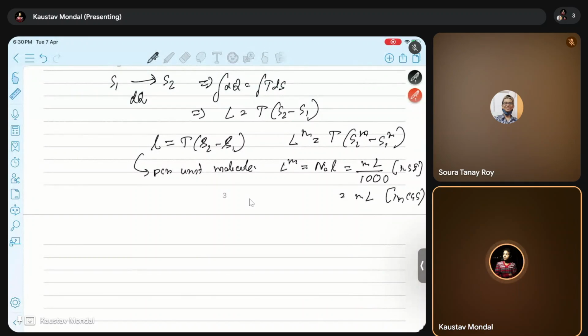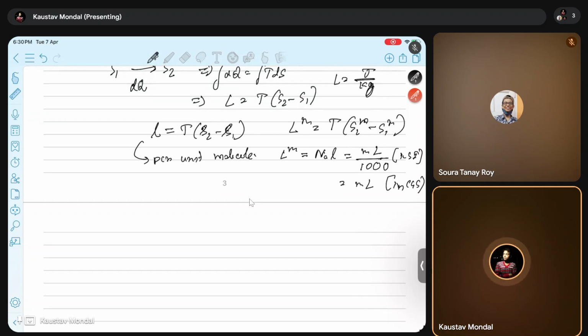Sorry, it would be 1000, since latent heat is in joule per kg. These are the standard units of the normal latent heat. So if you convert it into moles, you have to convert kg into gram.